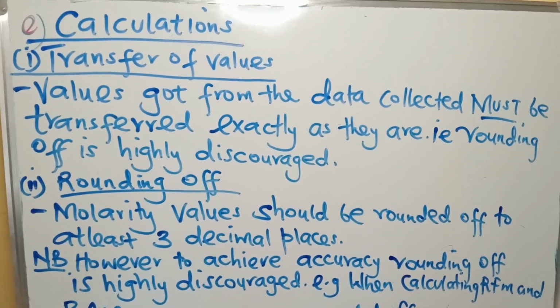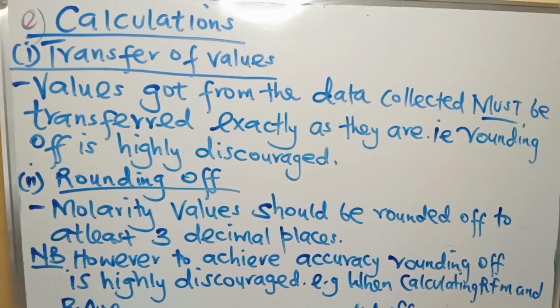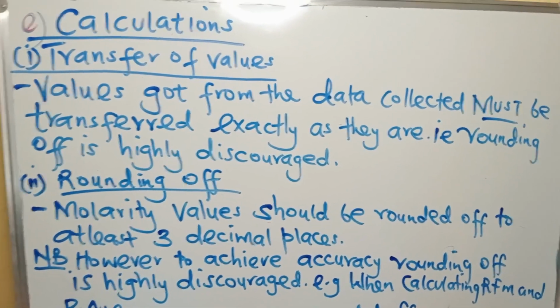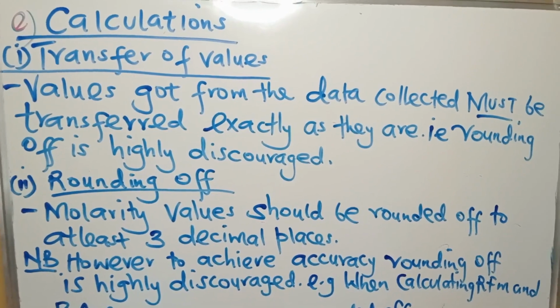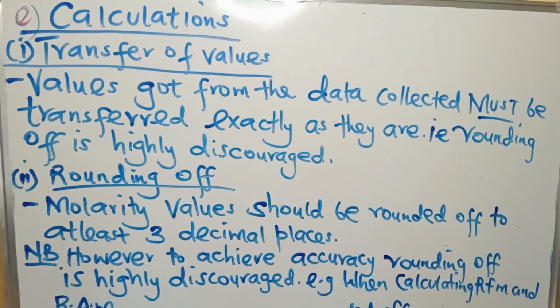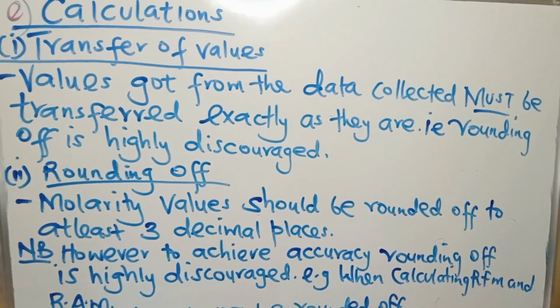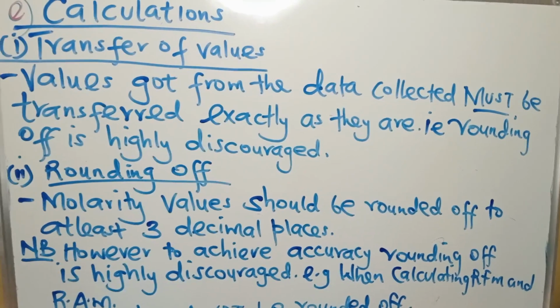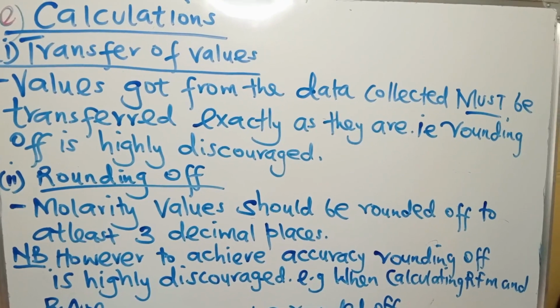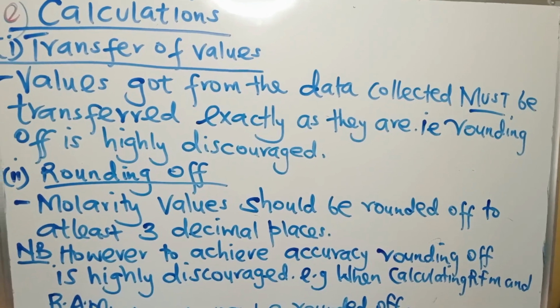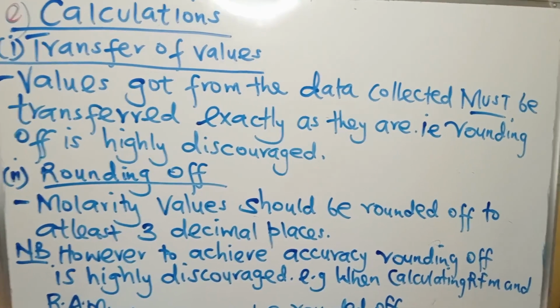From where you calculate them, you are supposed to transfer them as they are. So the first point here is values got from the data collected must be transferred exactly as they are. That is, rounding off is highly discouraged.